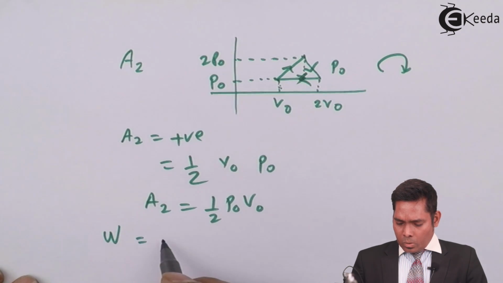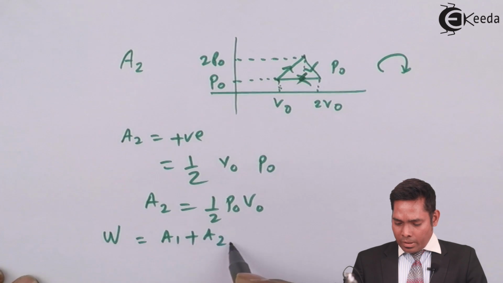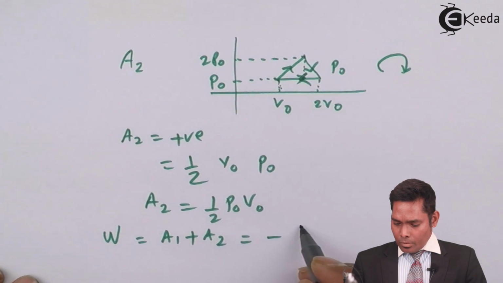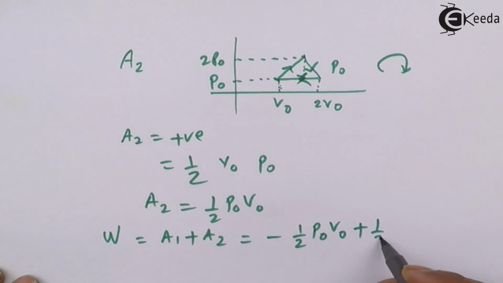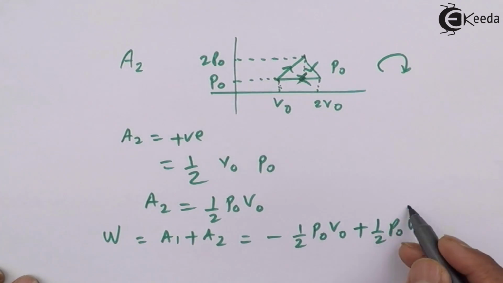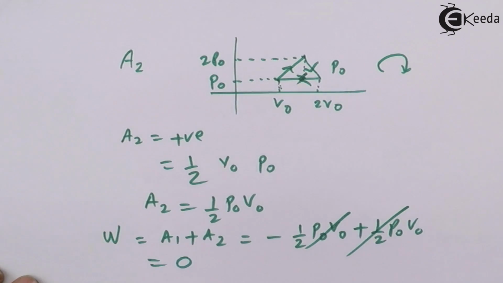The work done is the total area, A1 plus A2. A1 is negative half P naught V naught and this is positive half P naught V naught. This will cancel out and give 0. The total work done is 0.